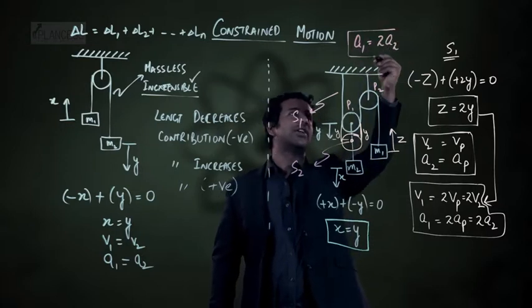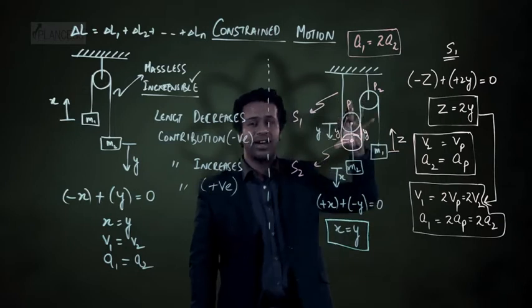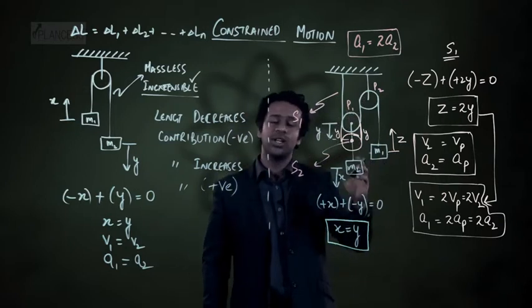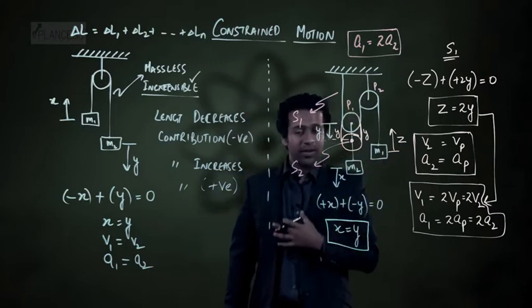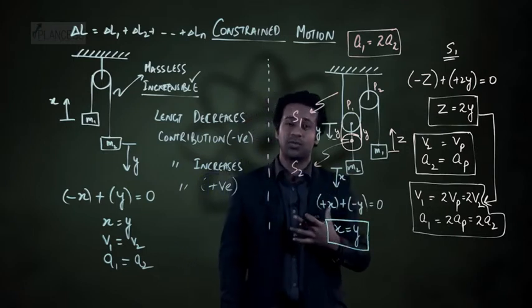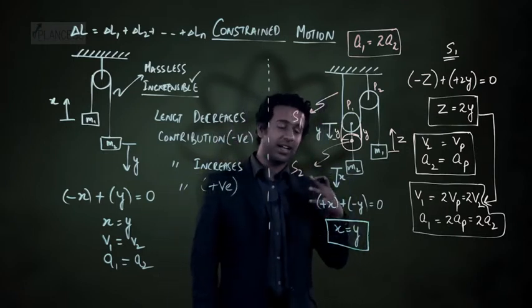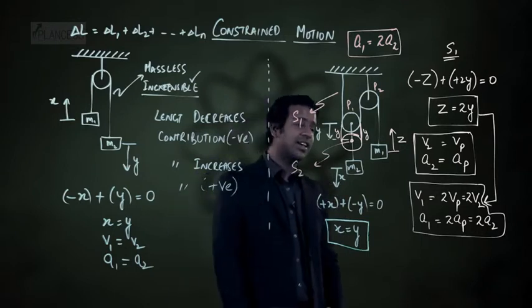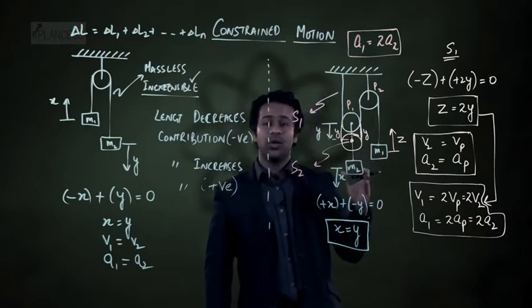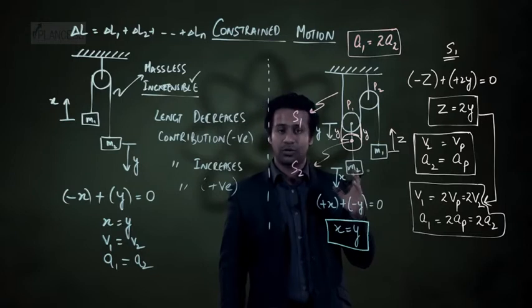So during any motion on this arrangement, whether this side goes up or that side goes down, whichever direction this moves in, there will always be a relation between their accelerations. That is, the acceleration of 1 will be twice the acceleration of 2.